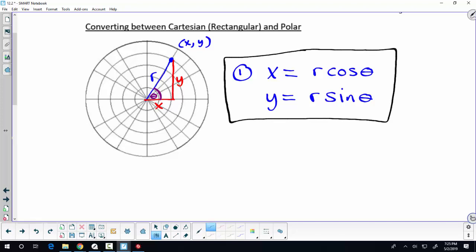So that relationship allows us to convert from polar to Cartesian or rectangular.